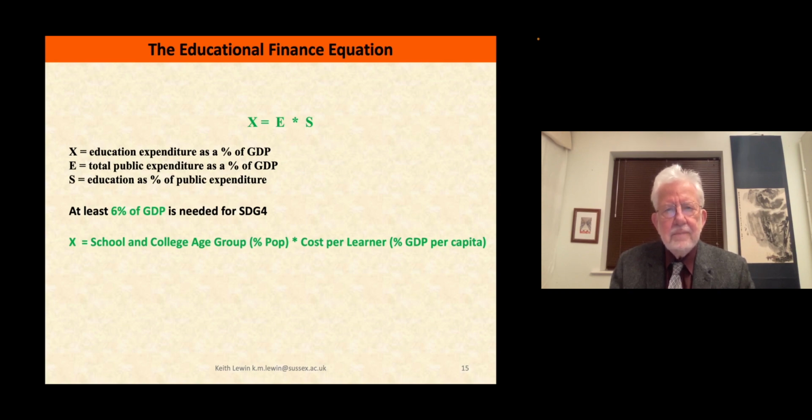And there are some simple truths that tend to be true across large data sets. Primary schooling is typically delivered for 10 to 15% of GDP per capita. Secondary schooling is more likely to be between 20 and 30% of GDP per capita. And university level education can be many times GDP per capita, depending on how it's organised.